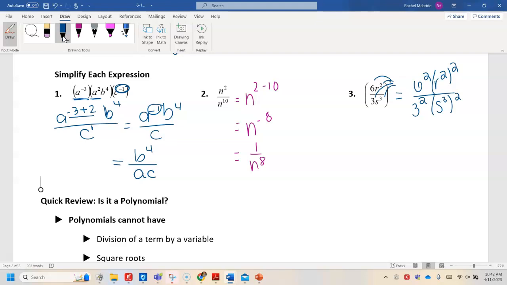We know that powers to powers are multiplied. So I get 36r to the 4th over 9s to the 6th. All my variables are similar. However, 36 divides by 9 to become 4. So we're going to simplify the number fraction to give me 4r to the 4th over s to the 6th.